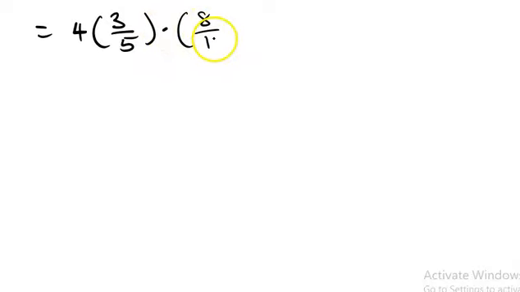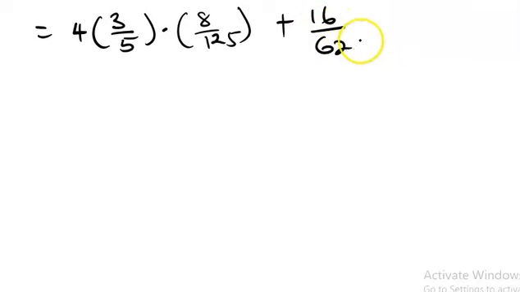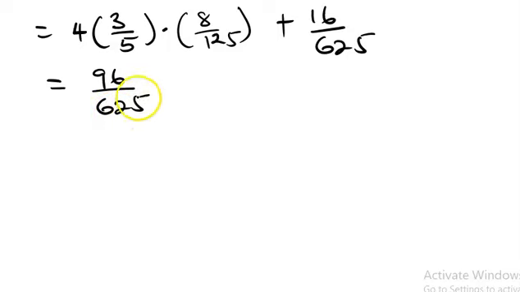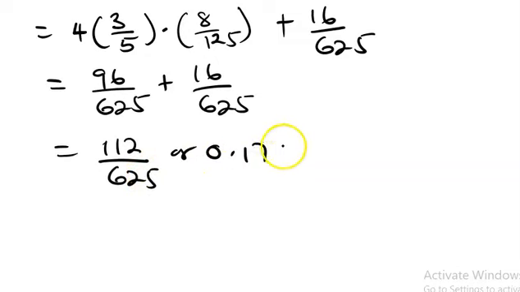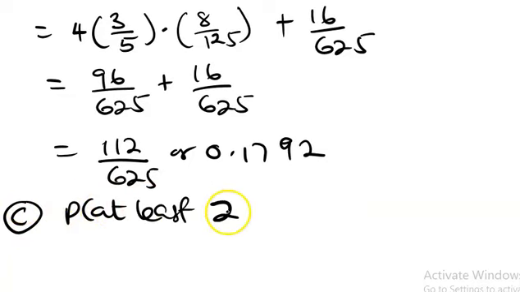So we have 4 times 3 over 5 times 8 on 125 plus 16 over 625, which is 96 over 625 plus 16 over 625, which is 112 over 625, or 0.1792.